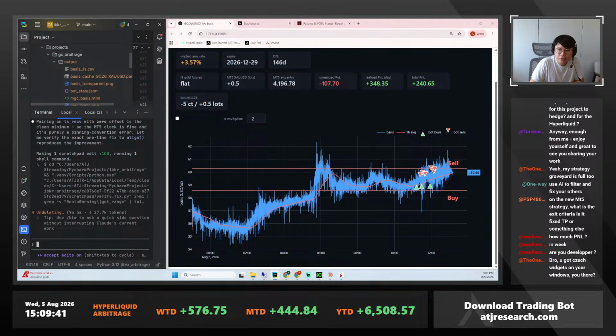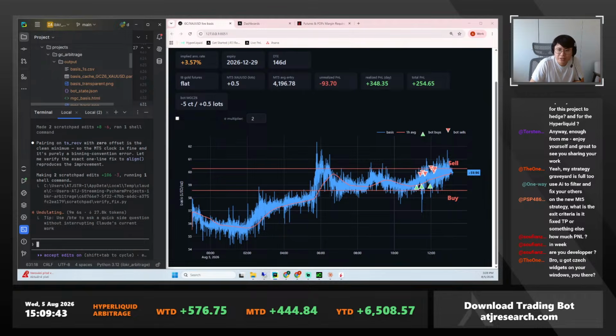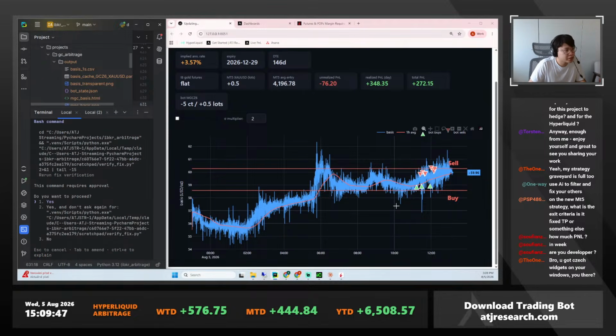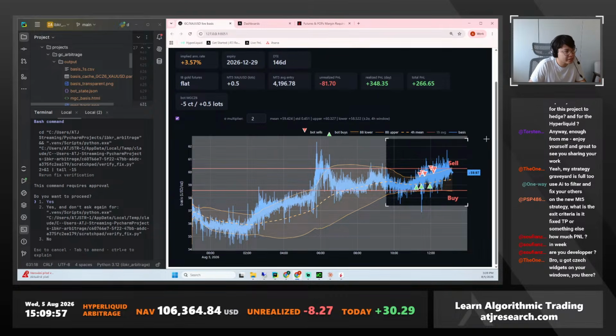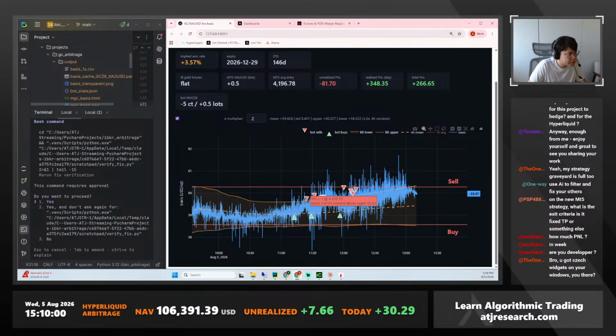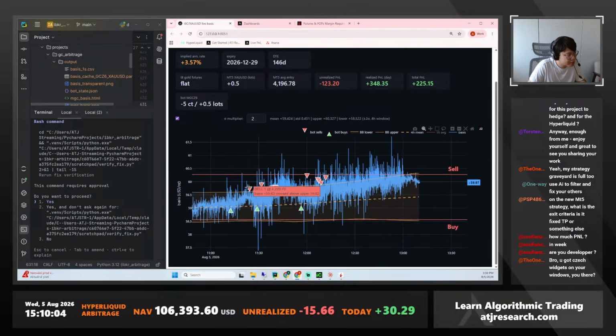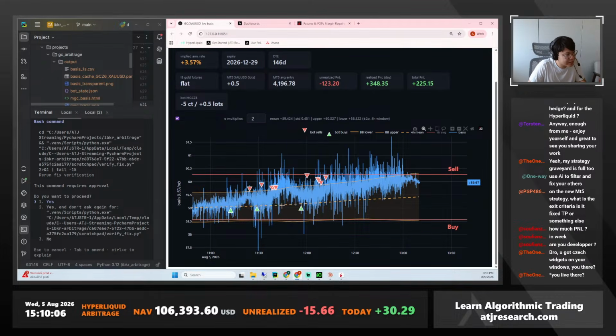On the new MDFI strategy, what is the exit criteria? Is it fixed take profit or something else? It is a Bollinger Band, right? So here I can actually display the Bollinger Band. What this strategy tries to do, you can see here, is sell when the basis goes above the band, and it exits at the average here.